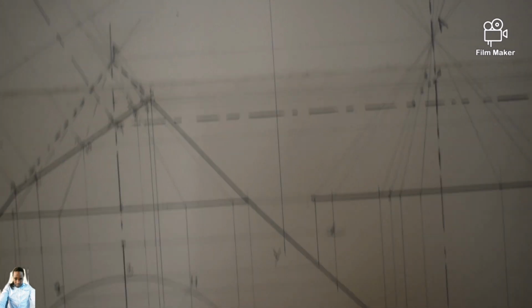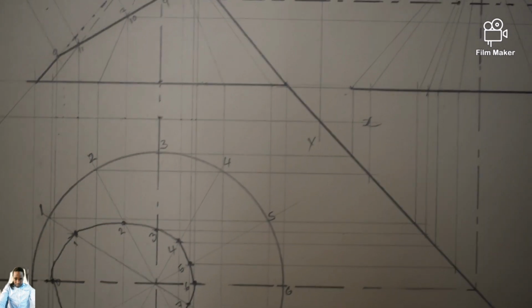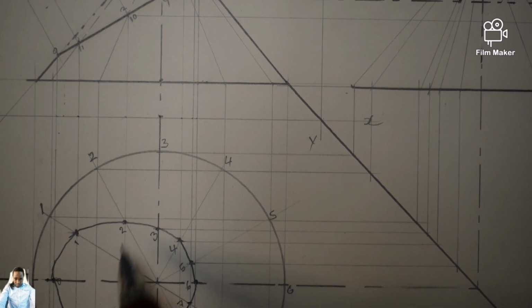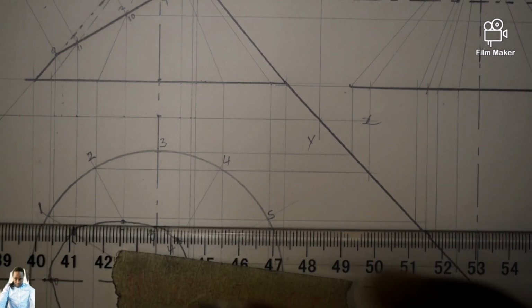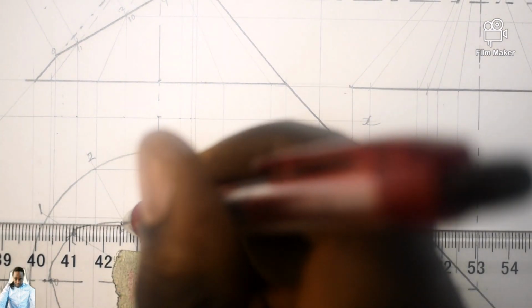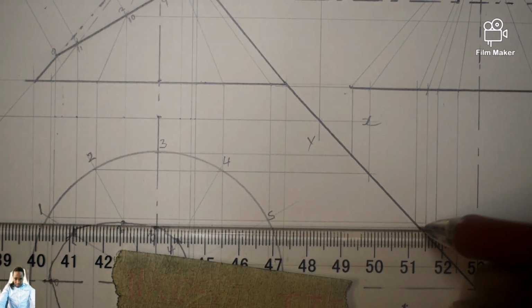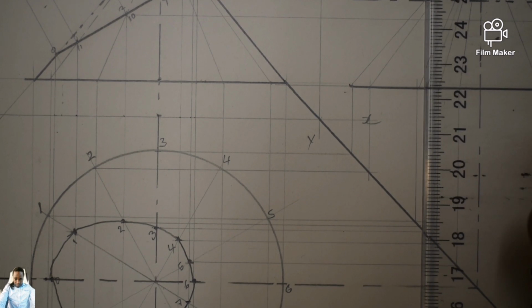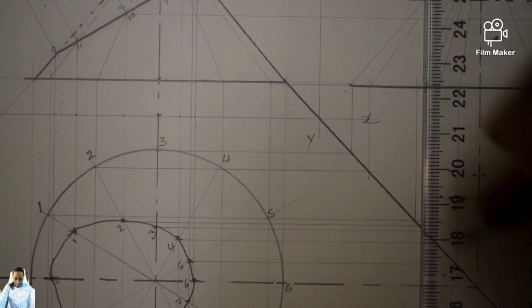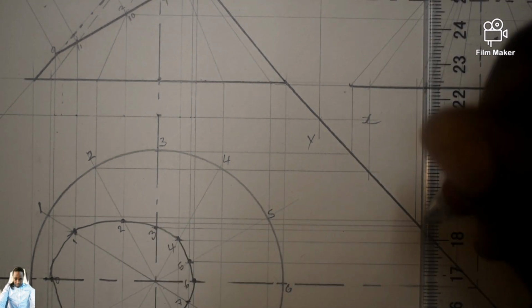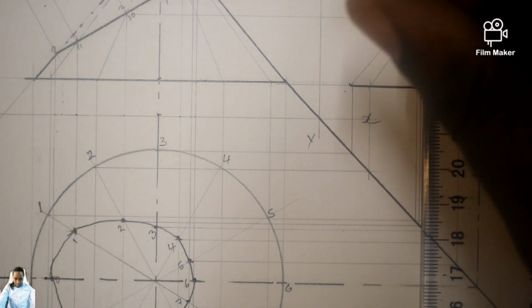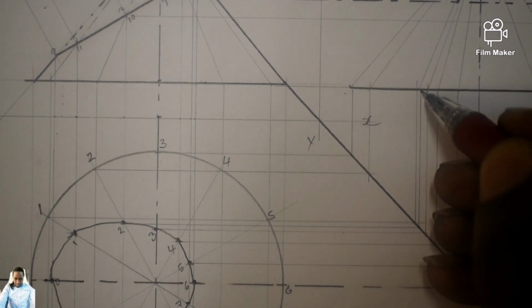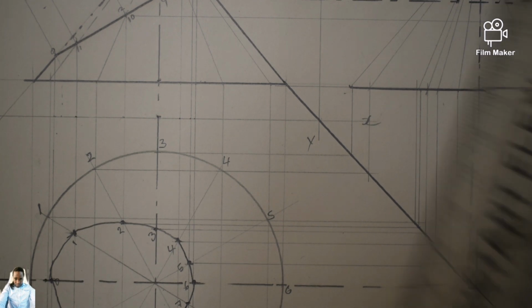So now come back to your top view, which is this one. There it is, point 2. Once it gets here, I'm going to take it straight to my apex point.